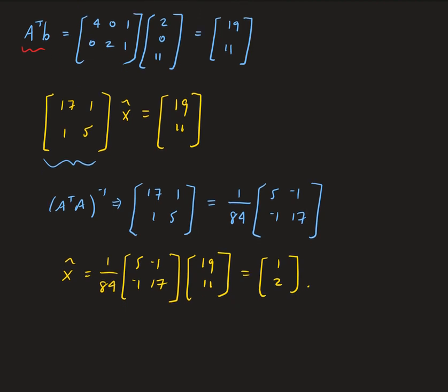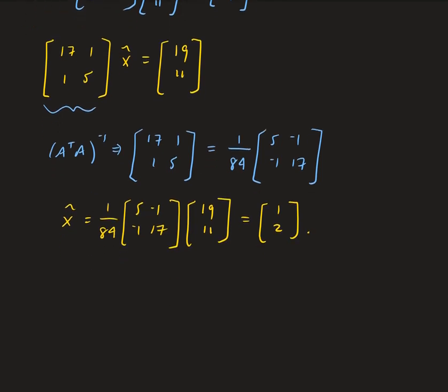Now let's calculate the least squares error. The least squares error is the distance between the vector b and A x hat.